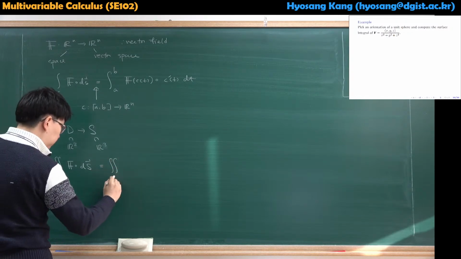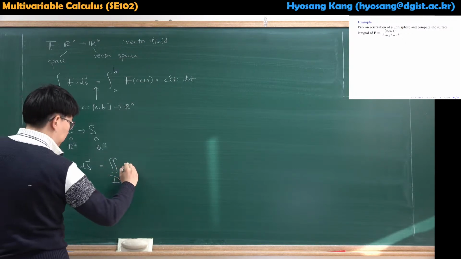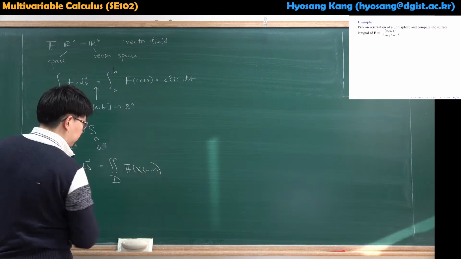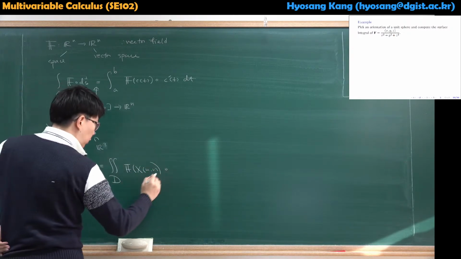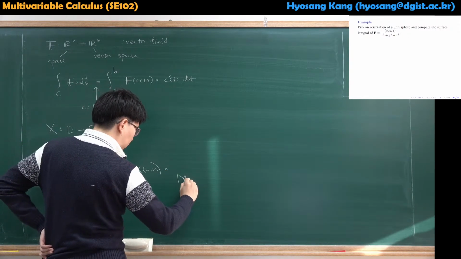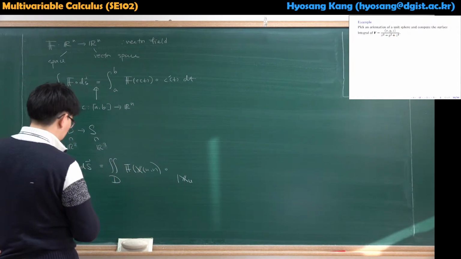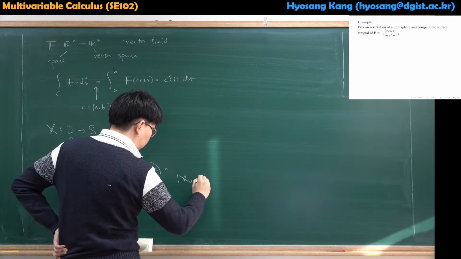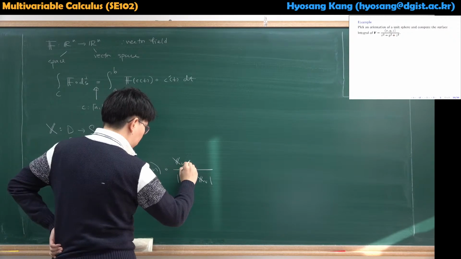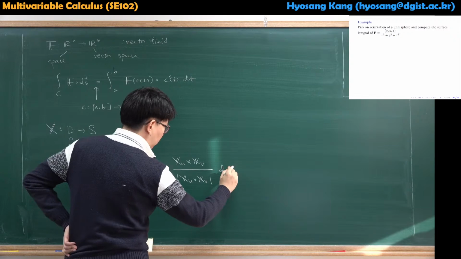And we are taking integral, and this is defined to be the integral over D, where f of x(u,v) is in the inner product with this bold x, xu cross xv, xu cross xv. Okay, and then du dv.